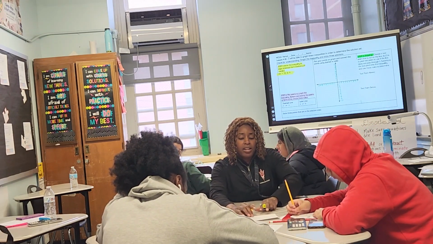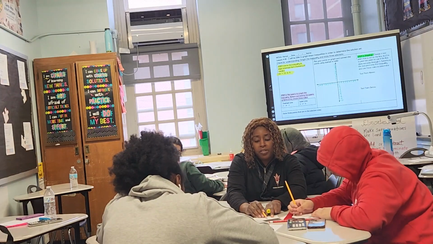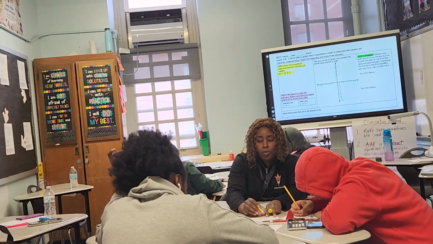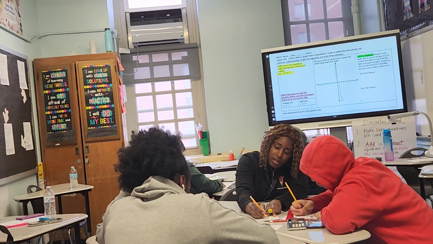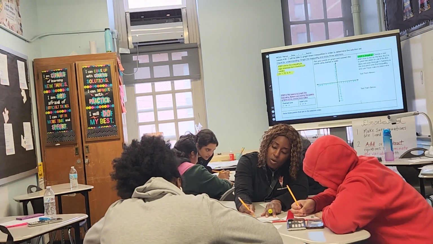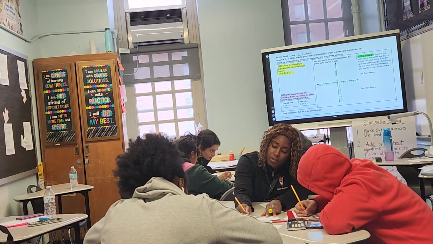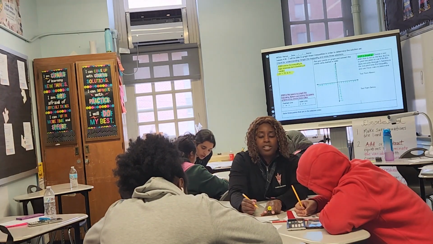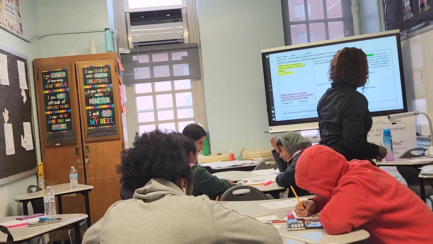Now, to solve this, we have to divide by negative 2 to get y. So on the right side, we also have to divide this by negative 2 and this by negative 2. Can you guys do that and see what your new inequality is?